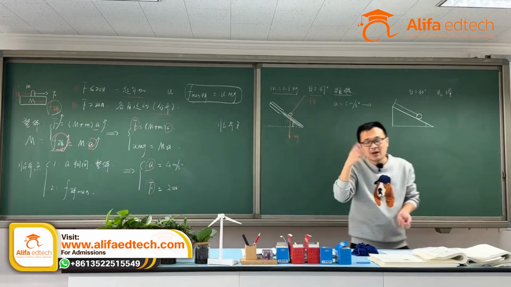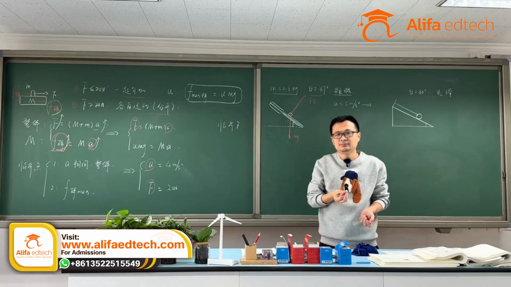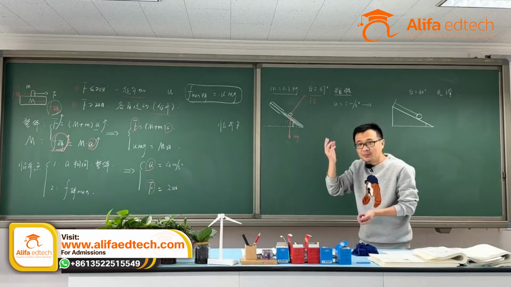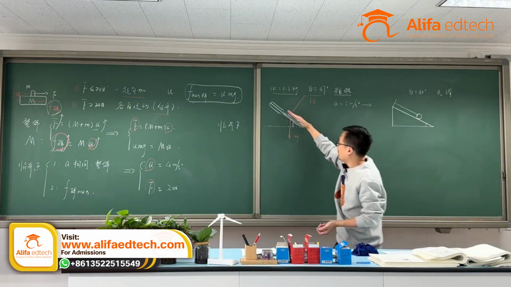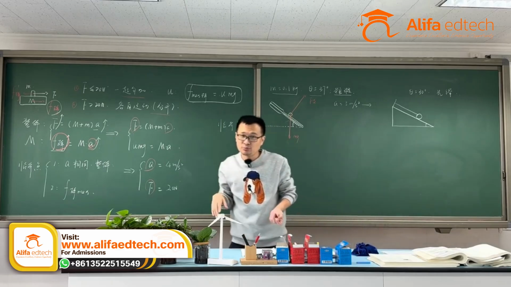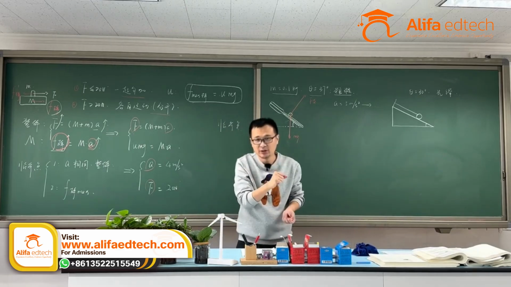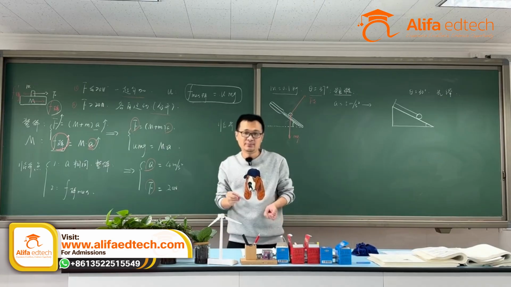So everyone, think about it. Is this steel ball necessarily subject to friction? Is it possible for its friction to be directed downwards? Or is it possible for it to be directed upwards? All three situations are possible. Therefore, we are currently unable to determine the direction of this static friction.